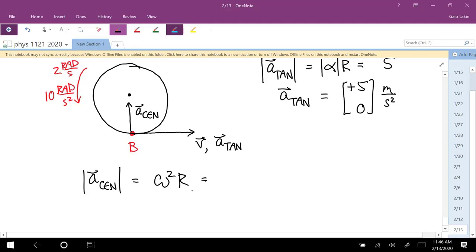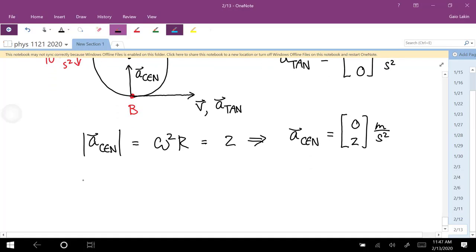So that's 2 squared times 0.5, so 2. And we know from this picture that that's in the positive y direction. So the centripetal acceleration is 0, 2 meters per second squared. And so the acceleration of B, assuming that the center is fixed relative to C, is 5, 2. Okay, so we'll use that in a second.